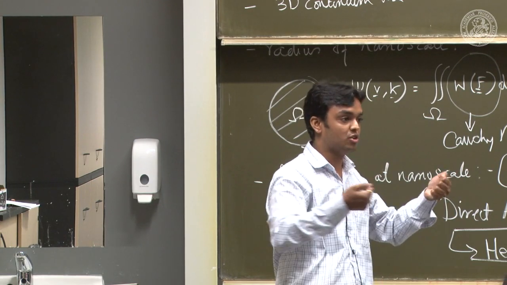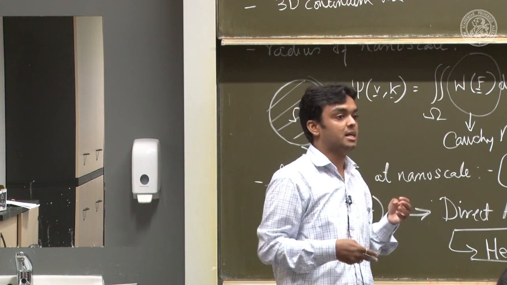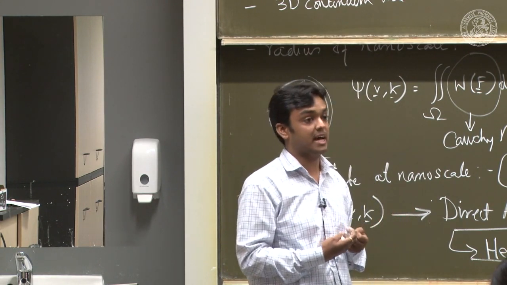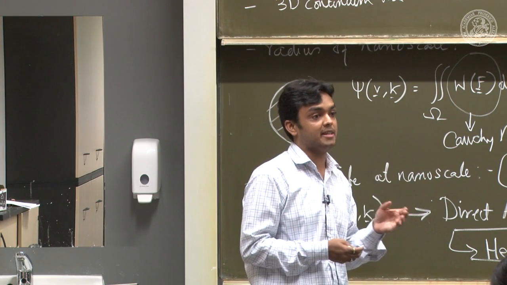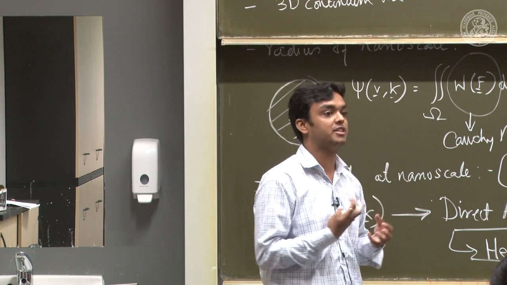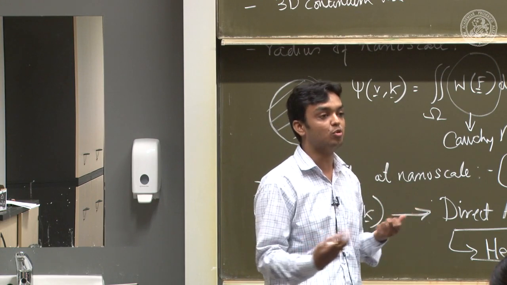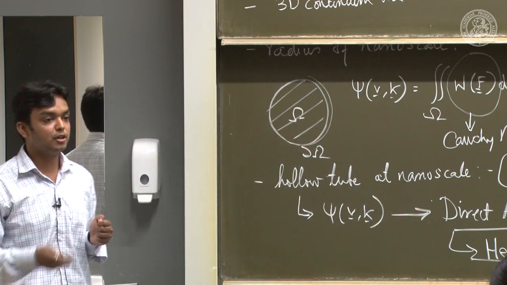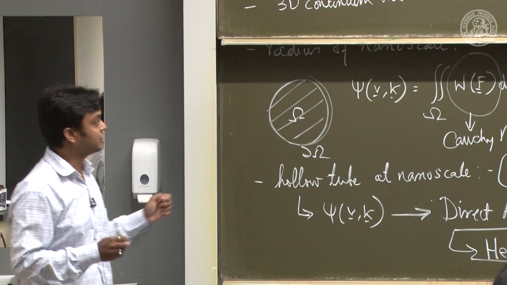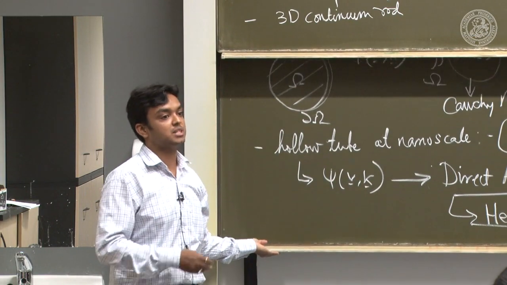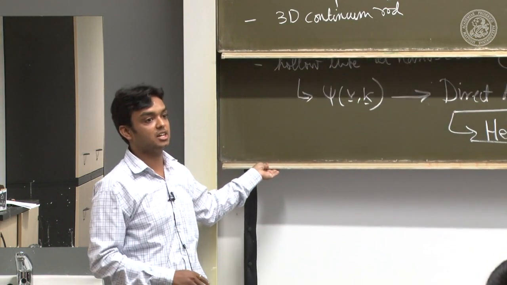So whatever strain you apply at the continuum level, at the atomic level you see a movement of atoms, and that is determined with the help of the bond energy between the atoms. That's the energy of the atoms which determines the movement of these atoms. But for that, what we require first is how the atoms are arranged in the continuum rod.